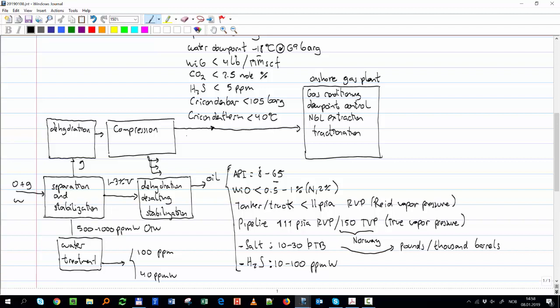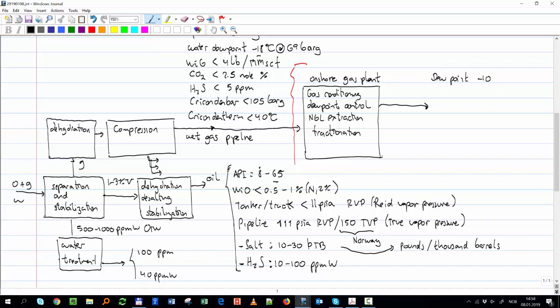And this we call, even though it's not really wet, it's mostly gas and very dry, the wet gas pipeline. And that happens onshore. So here we have a split between onshore and offshore.